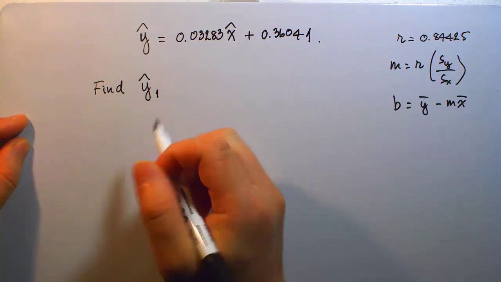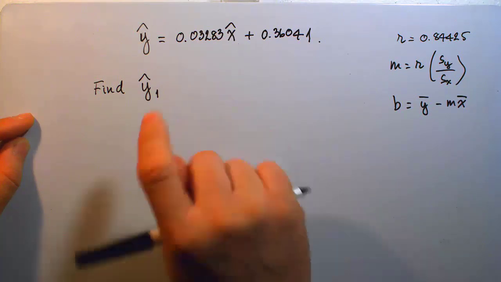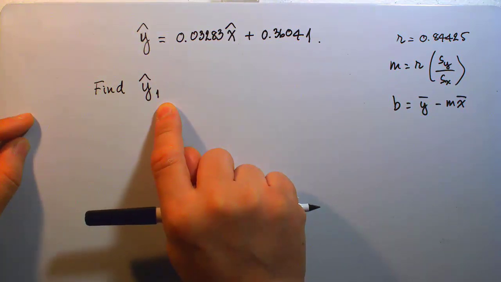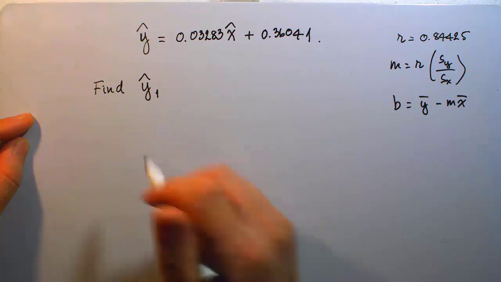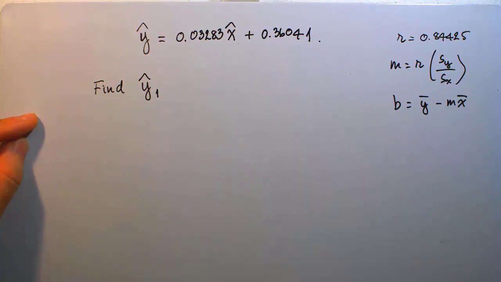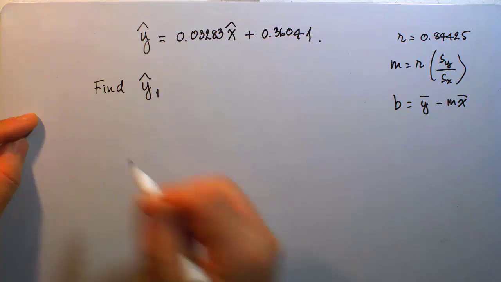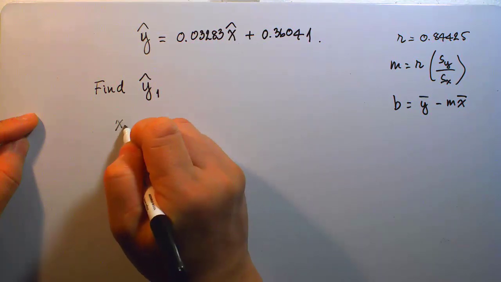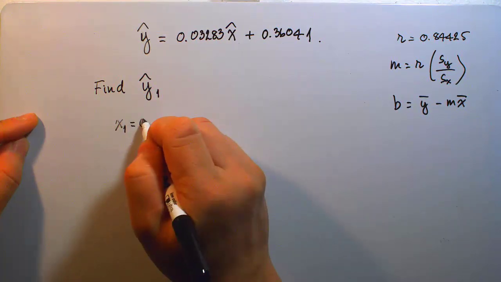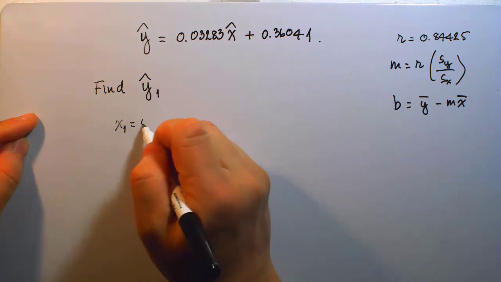And notice that there's a subscript 1 right here. So now indicating that on our table, go ahead and look at the data again. The first data pair, the x value there is called x1. And so we have x1 equals 5.